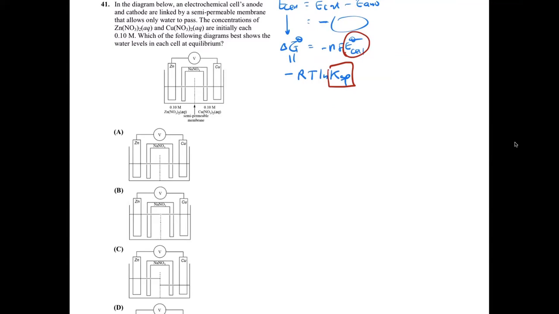I hope you understand the story here. First, why might the two sides have a different water level, right? Obviously, B for sure is incorrect, right? You can eliminate it. There's no water coming from anywhere, right? There's no reason.